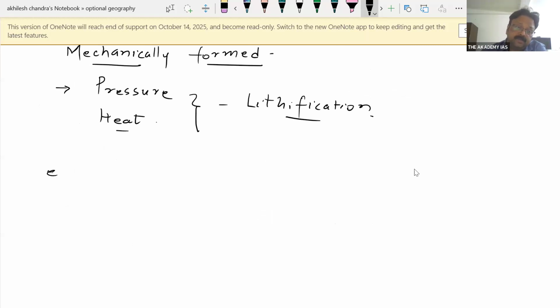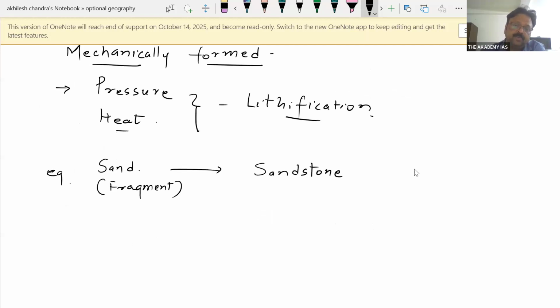Some examples are, let's say sand is there. So sand is a sediment fragment. When it is pressurized, sand gets compacted in the form of sandstone. So there is formation of sandstone of different colors. It depends upon the size of the sand. So sandstone is a mechanically formed sedimentary rock.